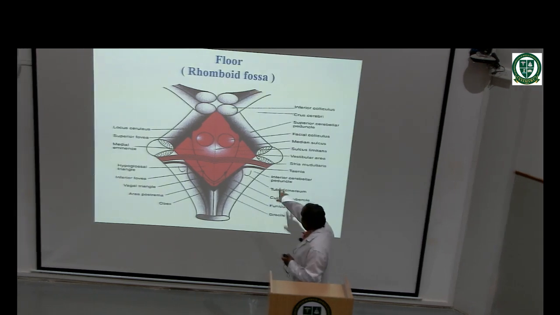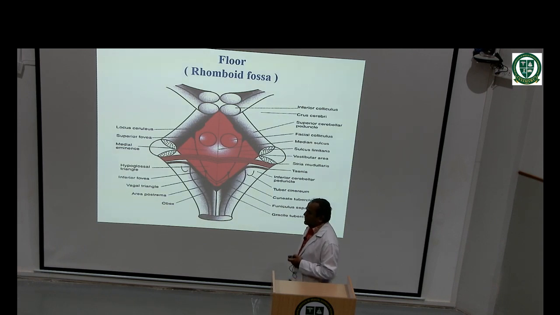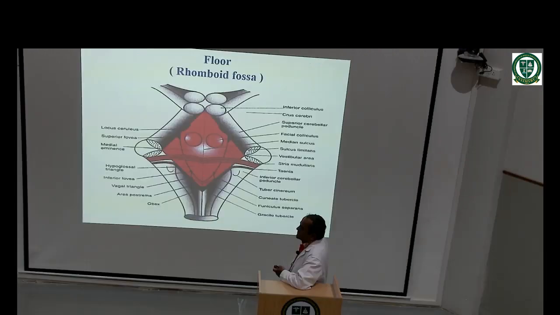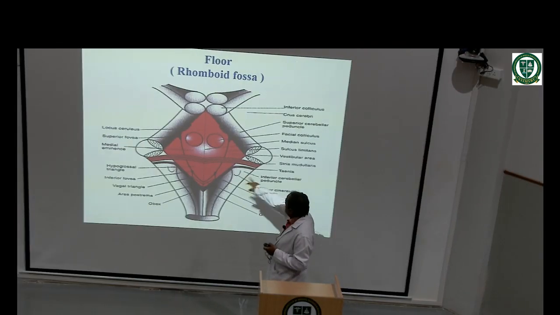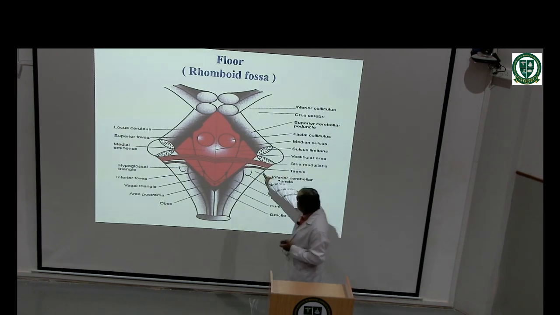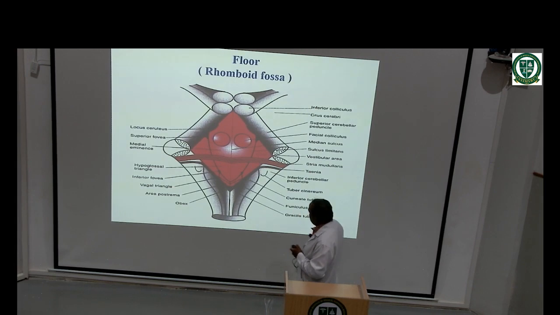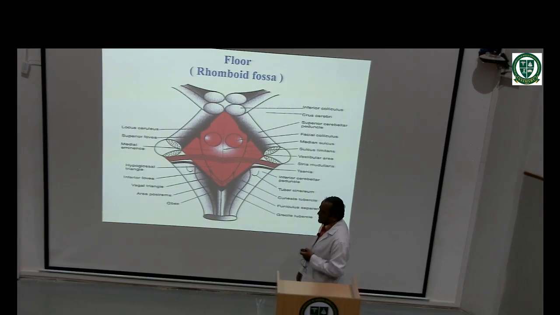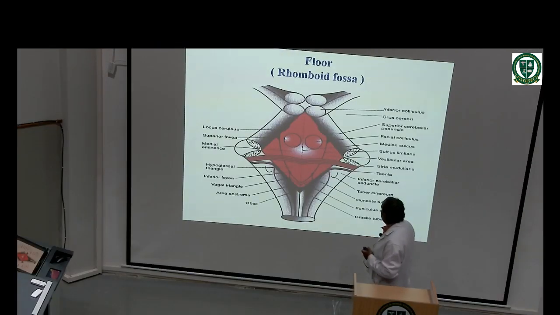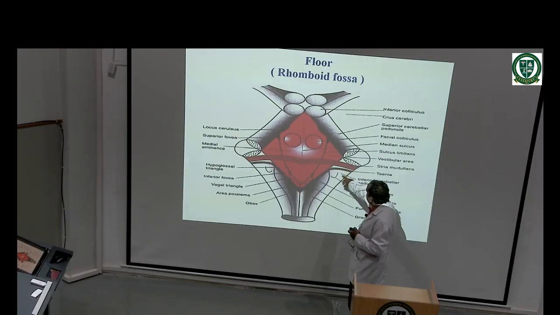And between the two lateral angles, horizontally, there is a passage of white fibers. This is called the stria medullaris. These are nothing but fibers emerging from the arcuate nucleus, and they will join laterally the inferior cerebellar peduncle.